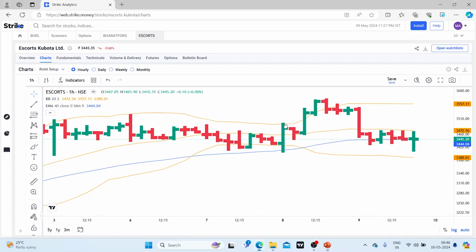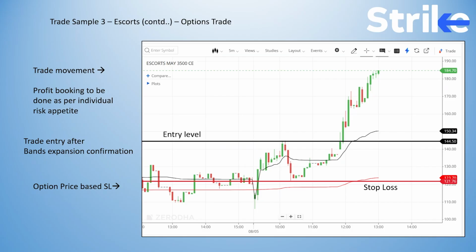And then when the bands expanded and the price moved, we saw the 3500 call also going from 145 to 185. But profit booking and trailing stop loss you will have to do as per your own risk appetite.